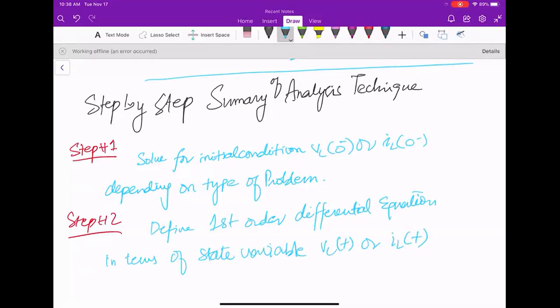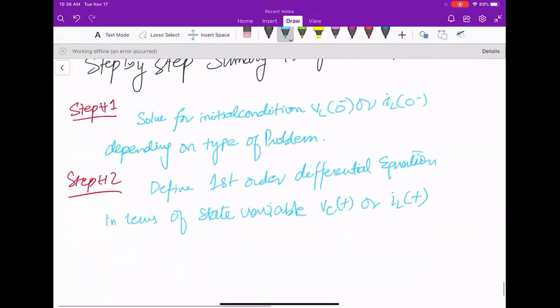So you need to define it something like that. It comes like this so that it will be easy to solve. VC of t in case of RC circuit and IL of t in case of RL circuit.